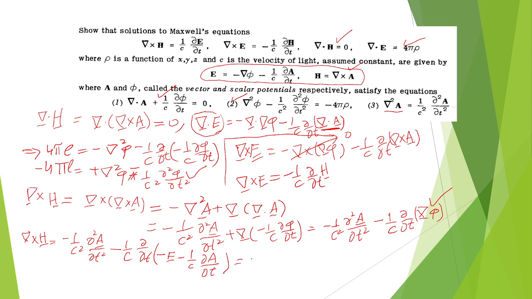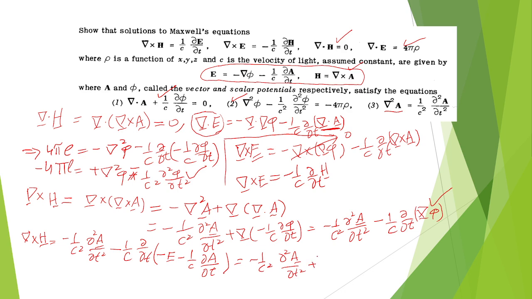So this is equal to minus 1 over c square partial square A partial t square, and we will get two terms from here.